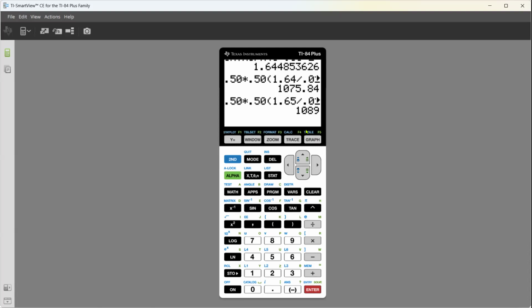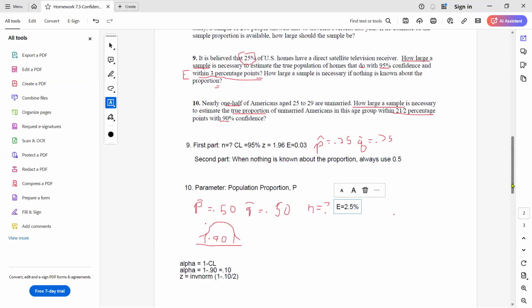So this, you could report 1076 again, as long as you show me which Z you used. Now, if you show me the formula that I just gave you, you're going to show this first answer, but I think her answer is actually the second one. Let's go back and look at it. So here, let's scroll down.